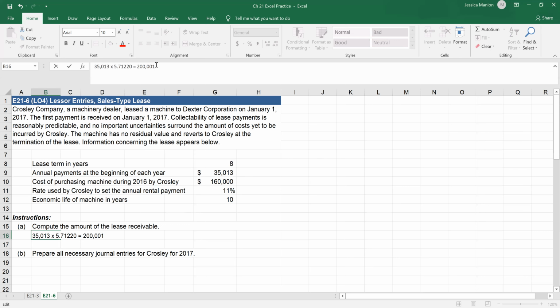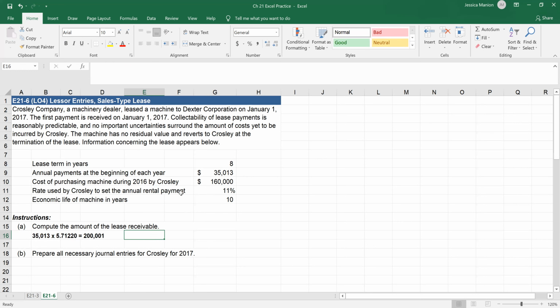200,001. So that is the amount of the lease receivable, right? The present value of the payments, or the fair value right now, 200,001. So again, we've got a difference in this present value or fair value versus the cost of Crosley purchasing the machine.